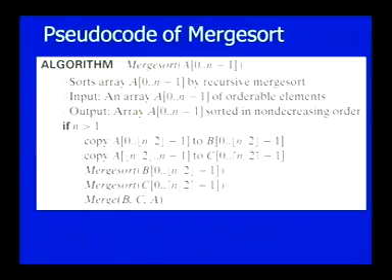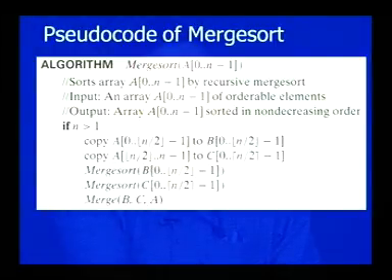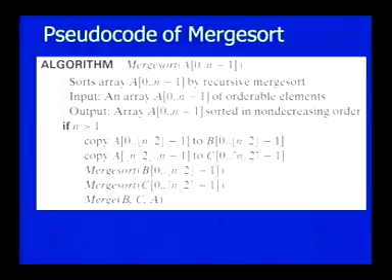Imagine this is a sorting problem. So, that means you have only one array. For your convenience, you copy your array elements 0 to n by 2 minus 1 to another array B, then from n by 2 to n minus 1 to another array C. So, that means you are creating two additional arrays B as well as C. These are called auxiliary arrays.